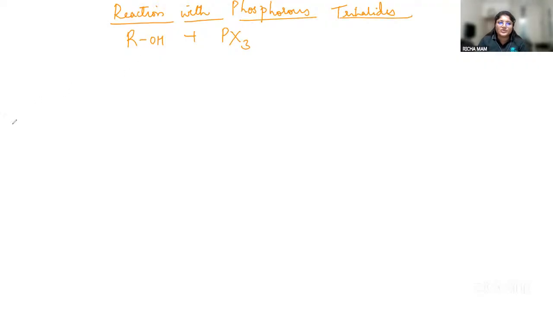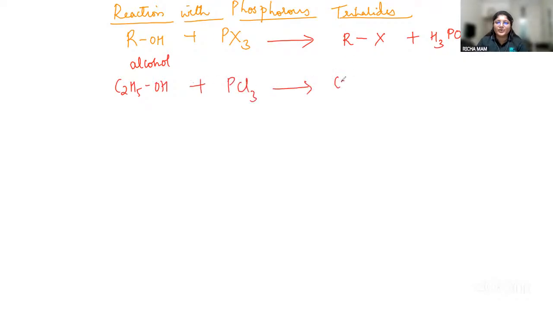I am going to get alkyl halide plus H3PO3. Suppose I take ethyl alcohol plus PCl3. What I'm going to get is ethyl chloride plus H3PO3. So this is the reaction.